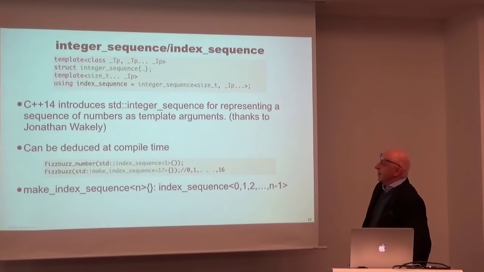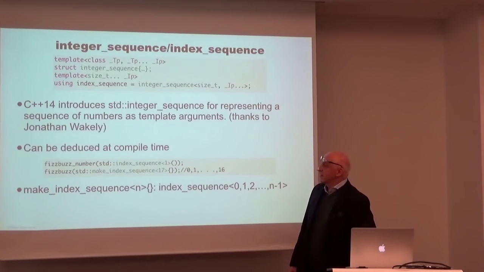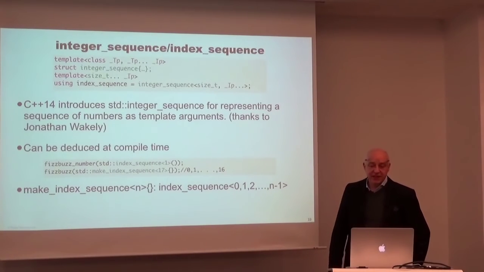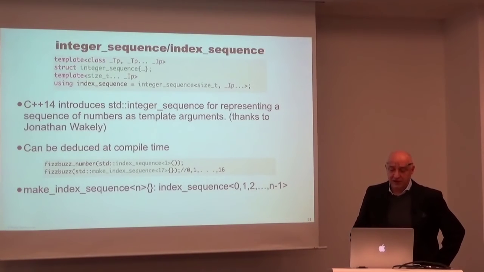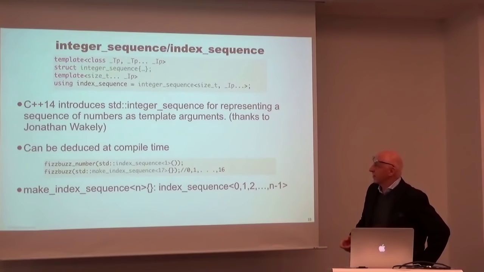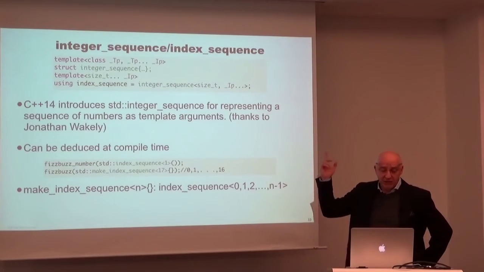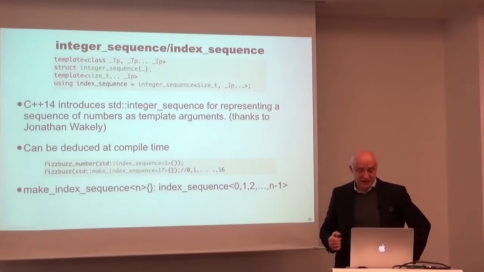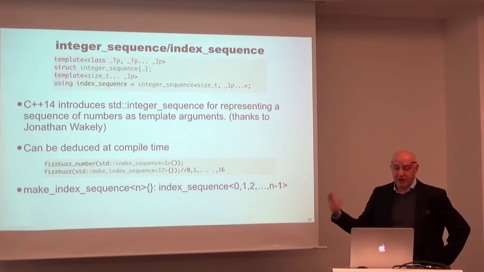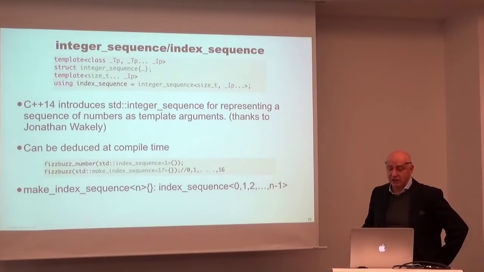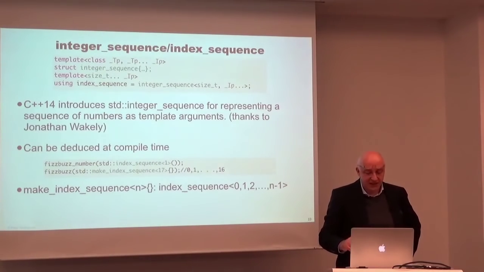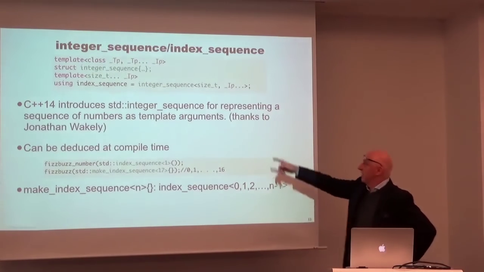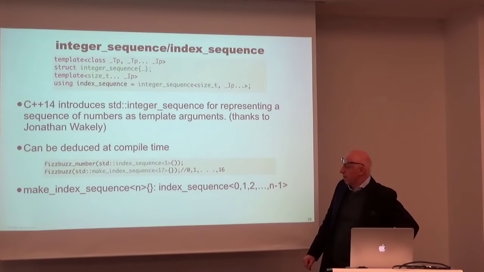Now, what is integer sequence? We have this in the standard class type called integer sequence, and it takes a class and a list of values of this class type, and the class type, because we have a list of values, must be an integral type, otherwise we couldn't give a list of values. And for size_t, we have the template alias index sequence, where we have a size_t with a list of values.